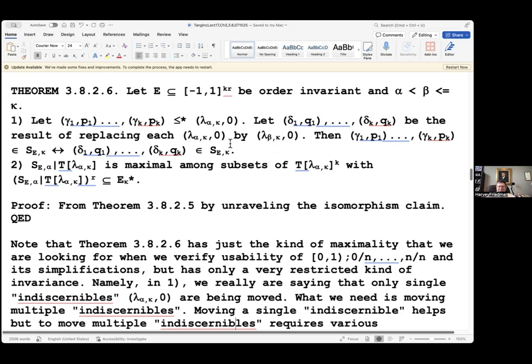If I replace lambda alpha kappa 0 by lambda beta kappa 0, any other one, then the result, membership in the greedy set, remains the same. All right. And that can be proved from the earlier thing. And then this is just regurgitation of the same claim of maximality for the greedy construction. You have maximality.